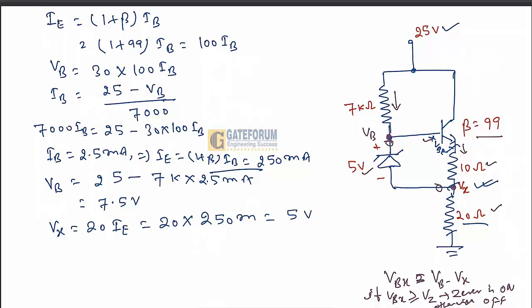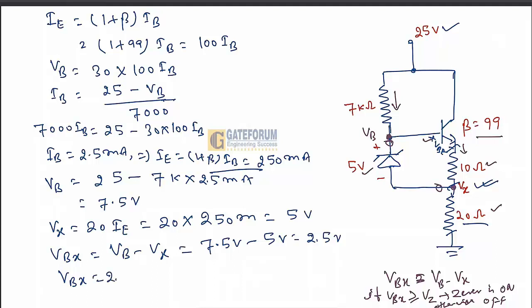So now, what is VBx? VBx is equal to VB minus Vx. VB is 7.5 volt and Vx is 5 volt, so we get 2.5 volt. This VBx of 2.5 volt is lesser than Vz equal to 5 volt.